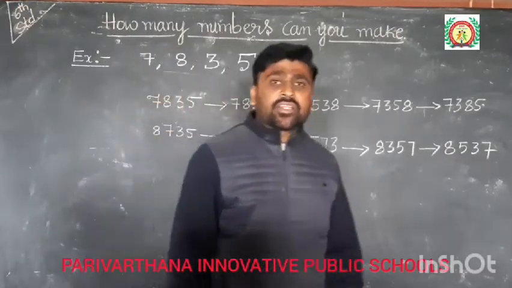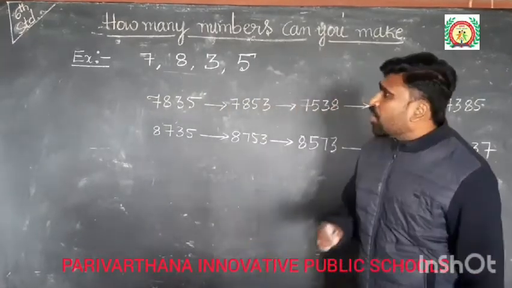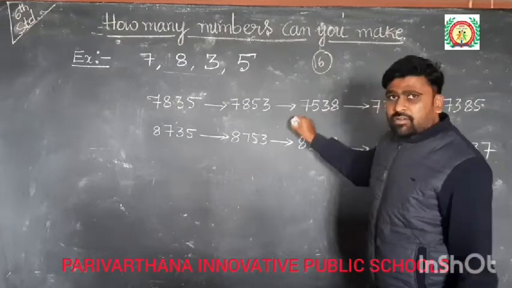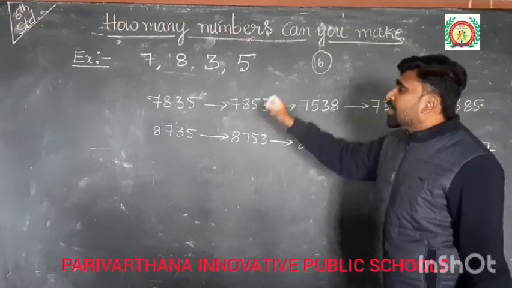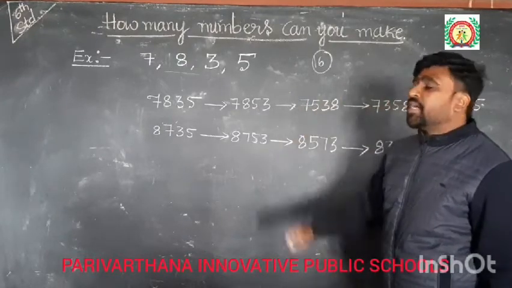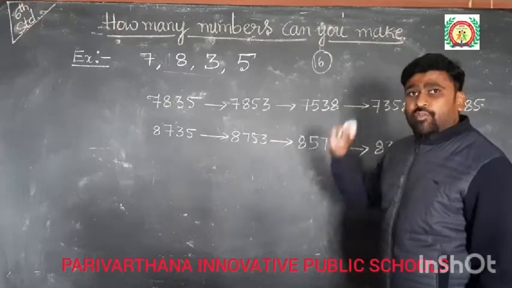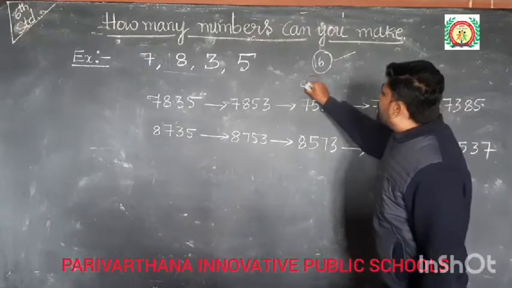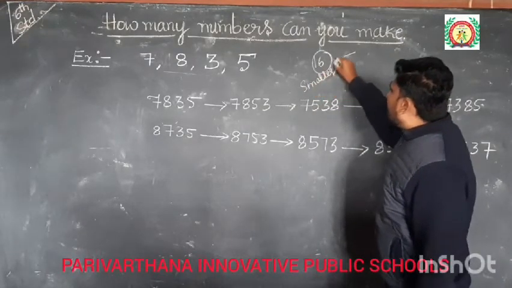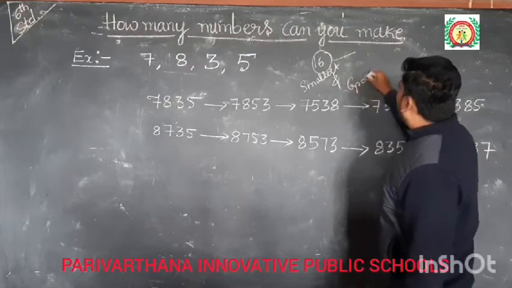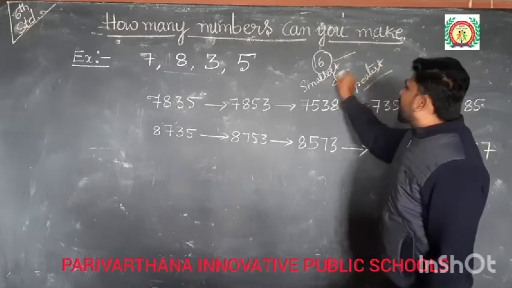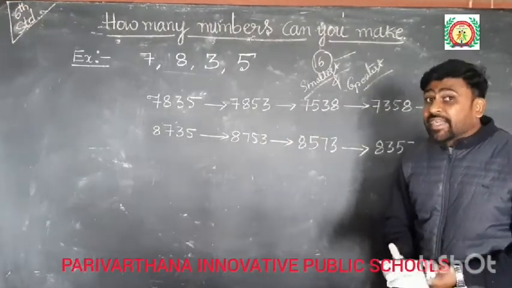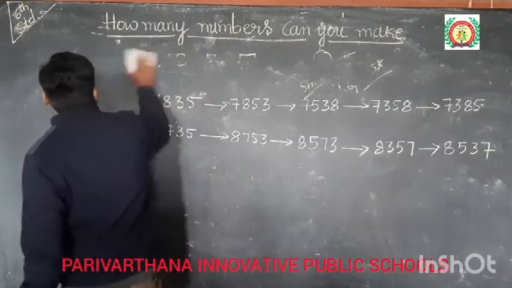Regarding these 16 numbers, we have to find out which is the smallest number and the greatest number. Smallest and greatest. Clear? You don't need to write this one in your CW.